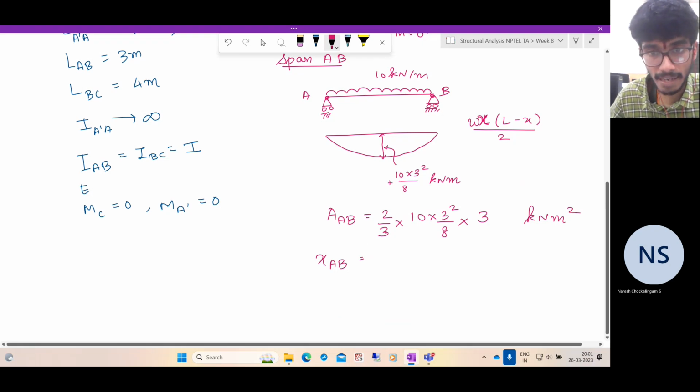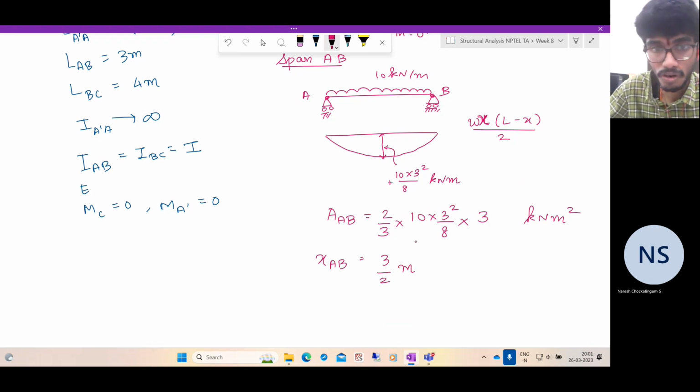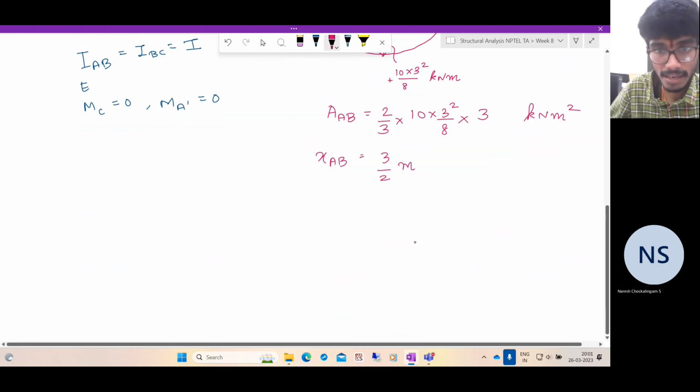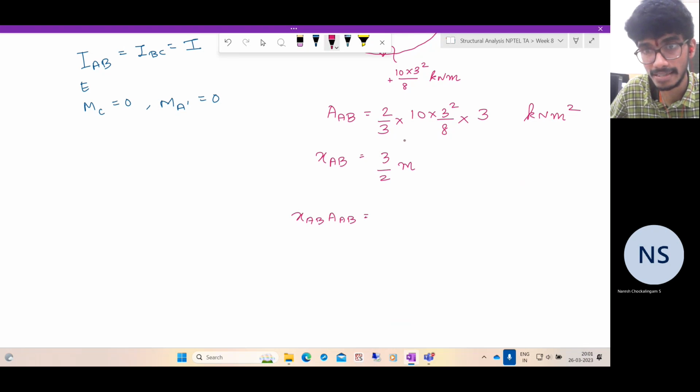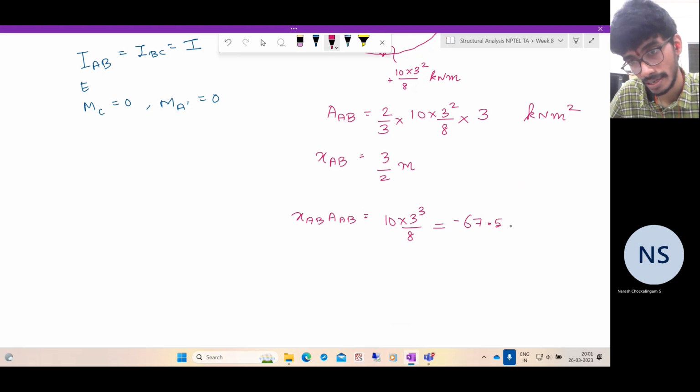The centroid XAB is at L by 2, which is 3 by 2 meters. So for XAB times AAB, 3 by 2 and 2 by 3 get cancelled. You get 10 into 3 cubed by 8, which is 67.5 kilonewton meter cube.